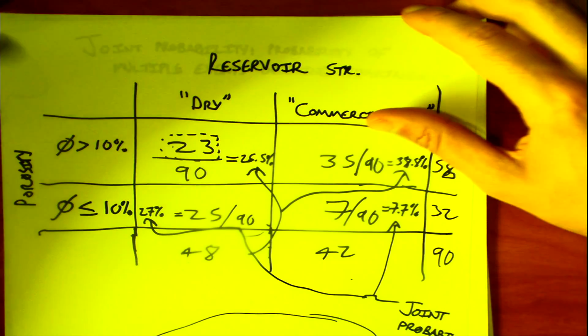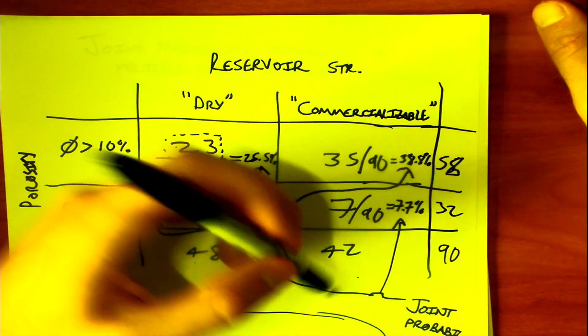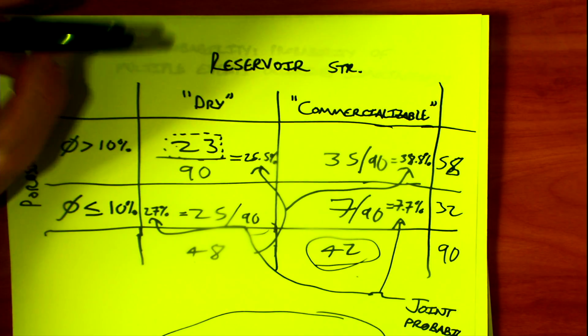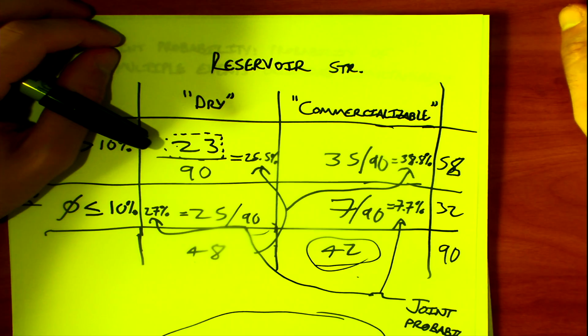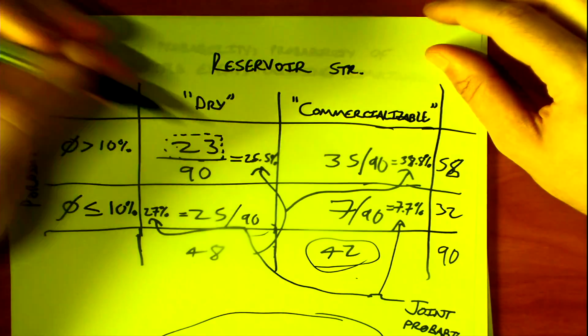So in order to get that, what is it that we desire in here now? It's just these 42 commercializable points that we found. So we can play the same game in here.